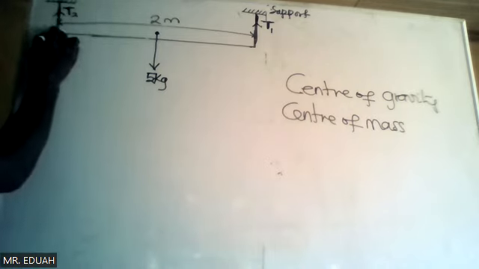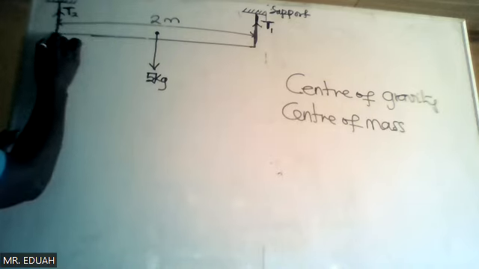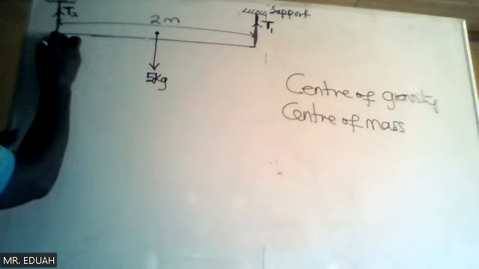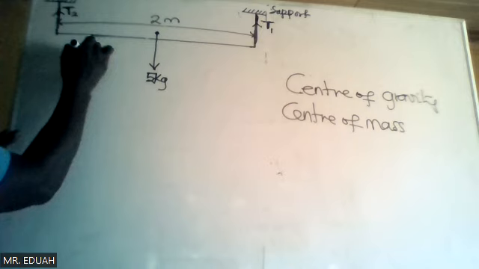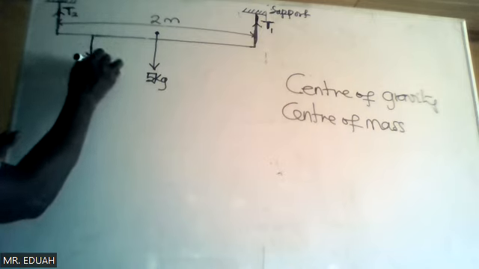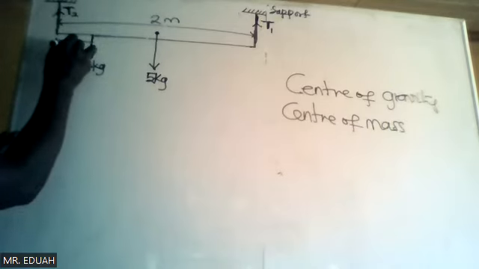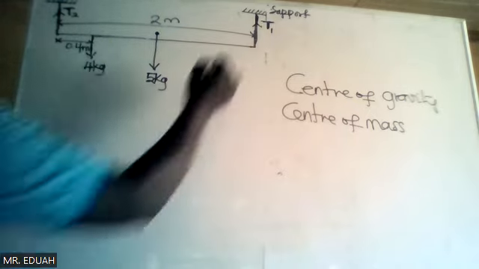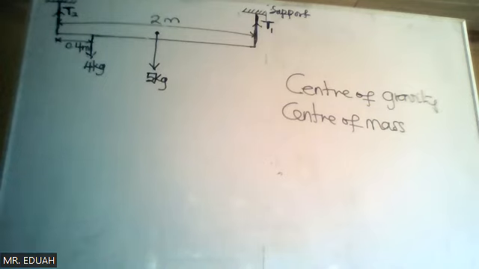I would want to choose this end. So from this end, when I measure a distance of 0.4, I locate a mass of 4 kilograms. So from this point to this point, I have 0.4 meters. As I said, somebody else can choose the other end; the choice is yours.